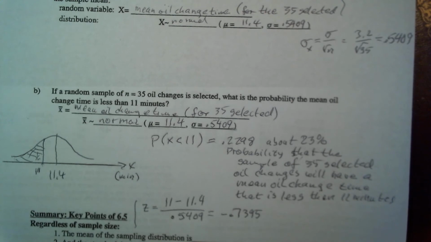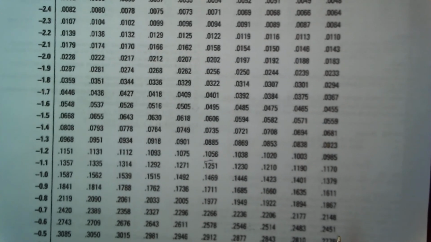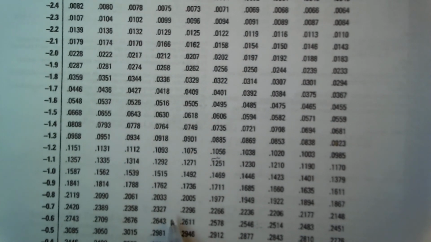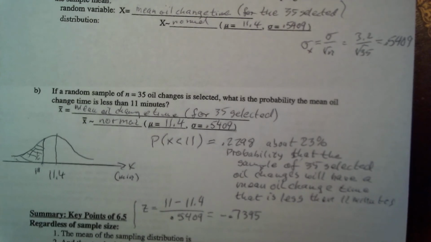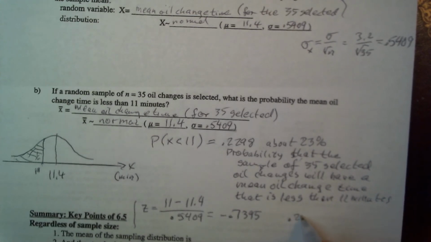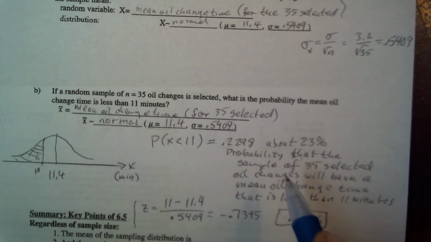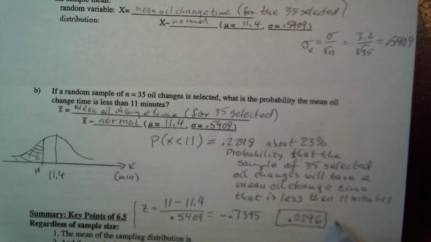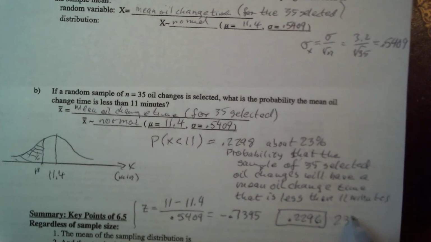When you look at the table, we get about 0.2296. So it's not quite the same, but this is just a table, so that is not quite accurate. The technology value of 0.2298 is probably more accurate, but still, in terms of percentages, it's about 23% when we round it up.